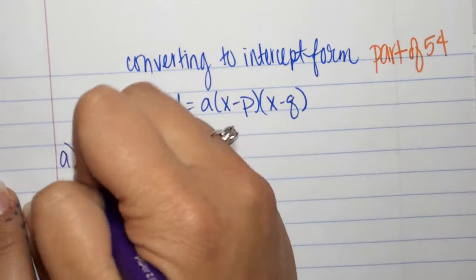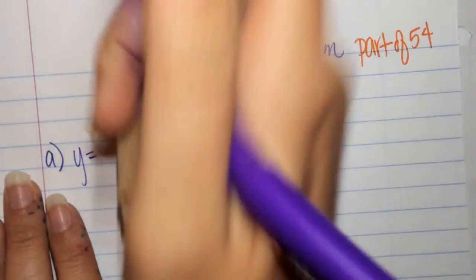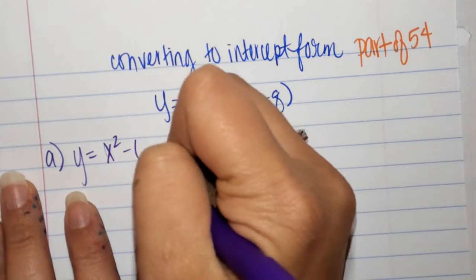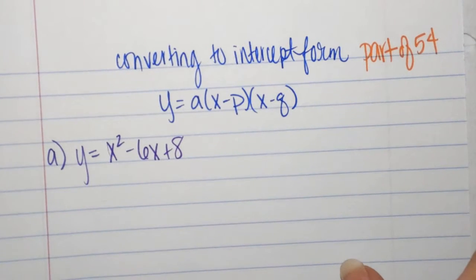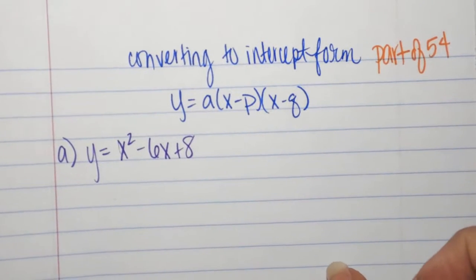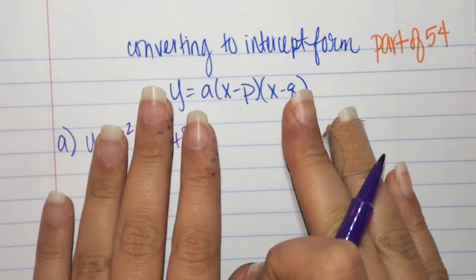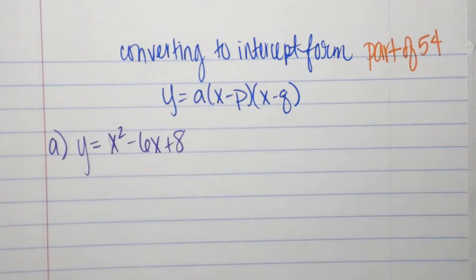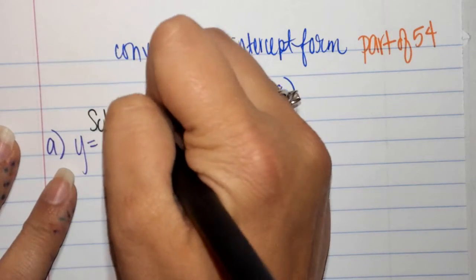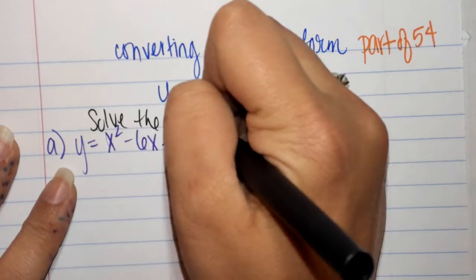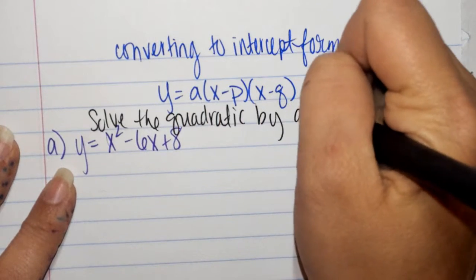Right. All right, so first we're going to start with y equals x squared minus 6x plus 8. So all I want us to do for the first part today is learn how to convert. I don't want us to graph. I don't want us to do anything else. And the reason we would do that is because our directions may say solve the quadratic by graphing.